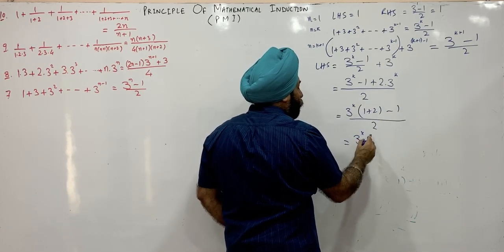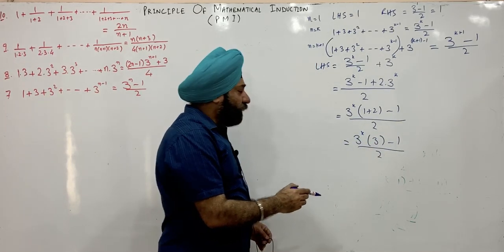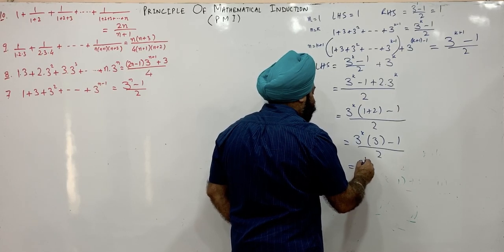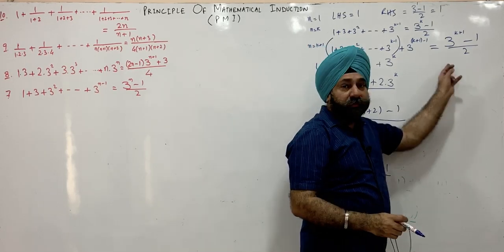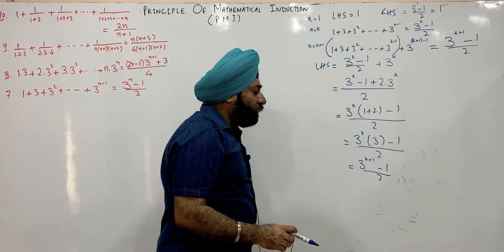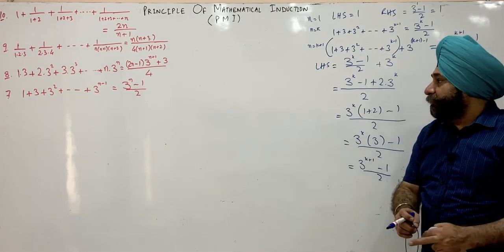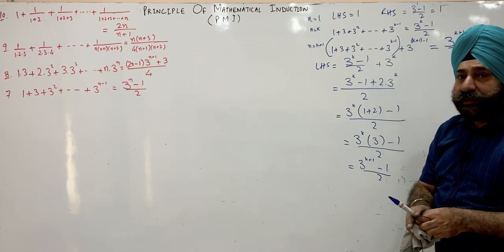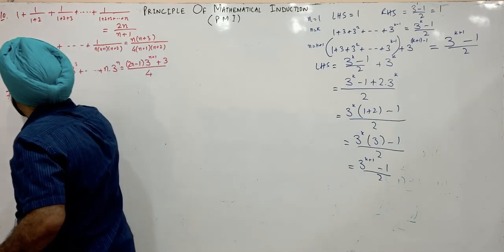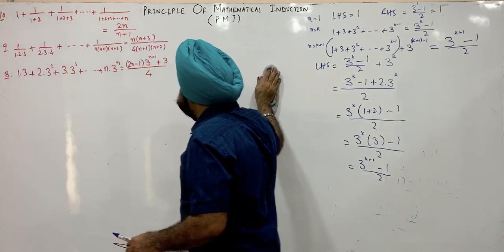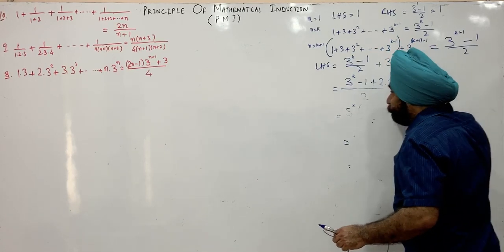This is 3 raised per k into 3 minus 1 by 2. 3 raised per k into 3 is 3 raised per k plus 1. This is what we wanted to prove. Therefore, the result is true for n is equal to k plus 1, and we write the last line. Hence, by principle of mathematical induction, the result is true for all n which belong to the set of natural numbers.